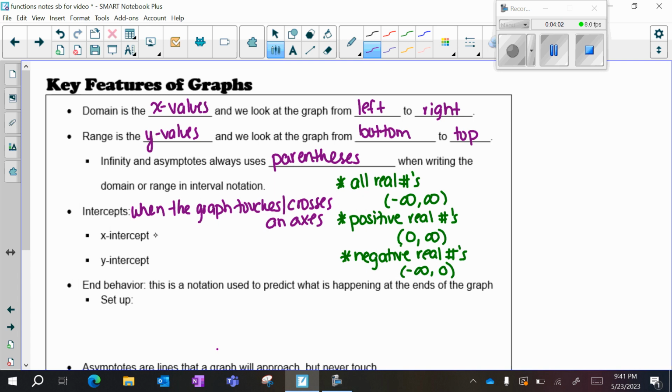So your x-intercept is when y equals 0. So it's always going to be a number, comma 0. And in a table, I'd be looking for when y is 0. The y-intercept is the opposite. It's when x equals 0. So it's going to be 0, comma, a number. And in a table, I'm looking for when x is 0.